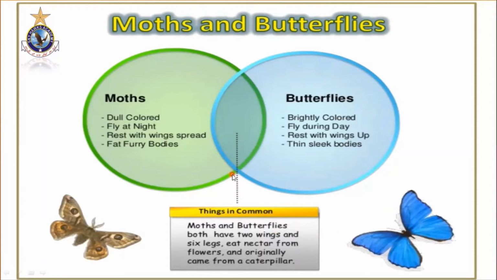Now this portion is things in common. Moths and butterflies both have two flat wings and six legs. If you count, the legs are not visible here, but they have counted that both have six legs. They eat nectar from flowers, and both originally came from the caterpillar family of insects.